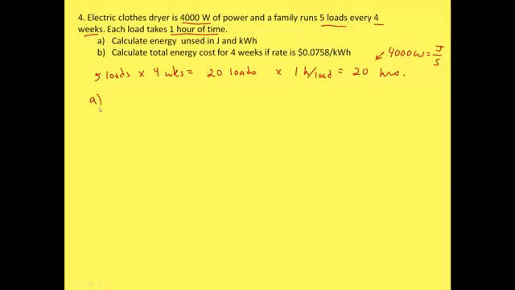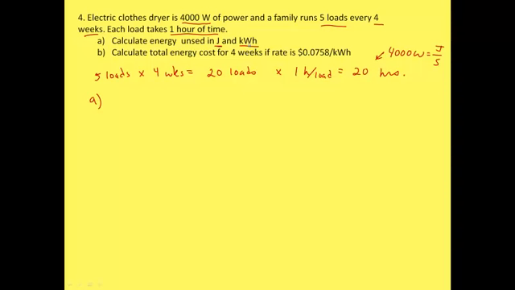So we go back to A now and calculate the energy used in joules and in kilowatt hours. So what do we have? We have watts and we've got time. So that's the first thing we need to do: we need to be able to work in seconds, joules per second, and this is hours. But we have kilowatt hours. So how do we do this?